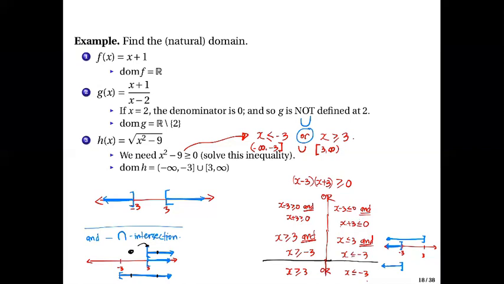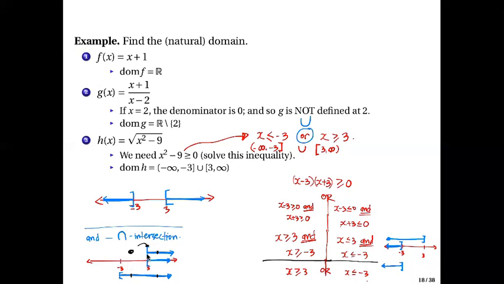So again, if you have the word "or," you use union, meaning you combine all together all the solution sets that you obtain. While if you have "and," or the intersection, you just get what is common to them.